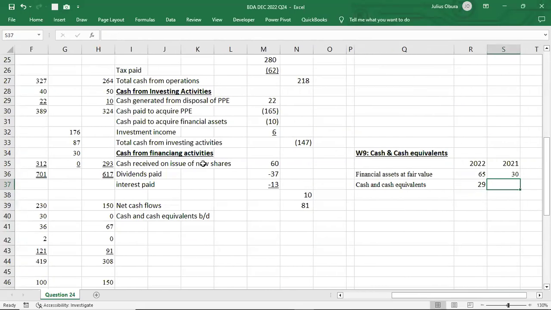Then for the year 2021, it is equal to 0. So that's what I have for my cash and cash equivalents. Then finally, I've got the bank overdraft.